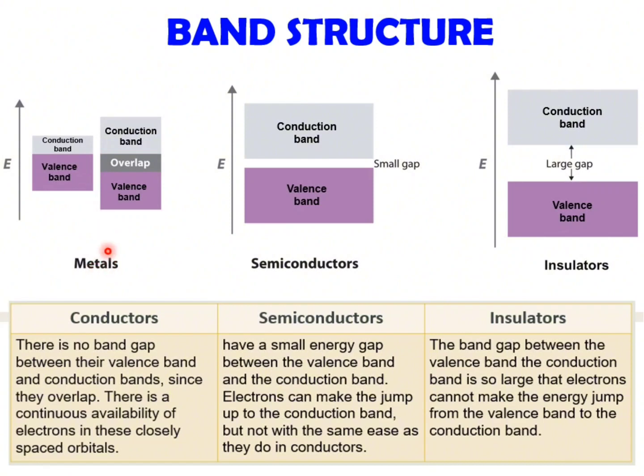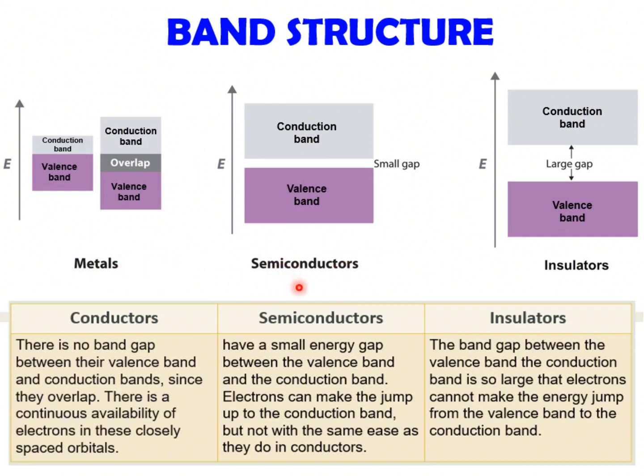Okay, if you look at metal, the valence band actually overlap with the conduction band. So no gap, okay, no band gap between the valence band and conduction band. So, bila dia tidak ada gap, so elektron sangat mudah untuk bergerak daripada valence band kepada conduction band. Okay, so ini menyebabkan metal sangat senang untuk mengalirkan arus elektrik.